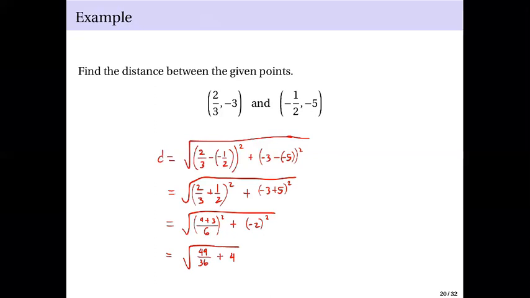Let us continue with the simplification. So in here, the common denominator or the LCD will be 36. You have 49 plus, for the other guy, 4 times 36. What is that? 4 times 36, you have 4 carry 2, 12. So it's 144. Kindly check my arithmetic there.